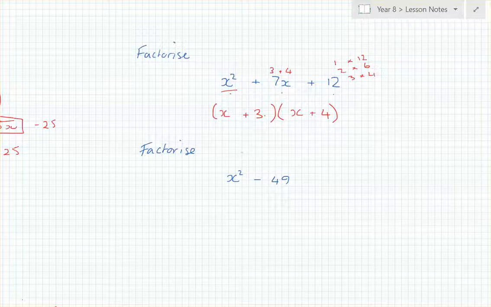There's no common factor. So we've got all that. However, because we remember it's the difference of 2 squares, it'll be in brackets x minus 7 and x plus 7. So it's one of those things where if you don't remember the difference of 2 squares, then you're going to struggle.